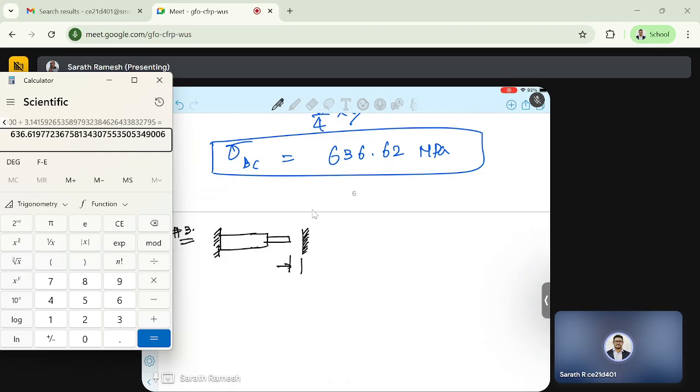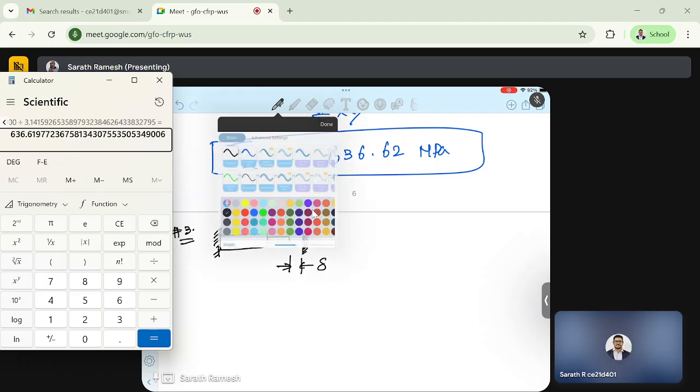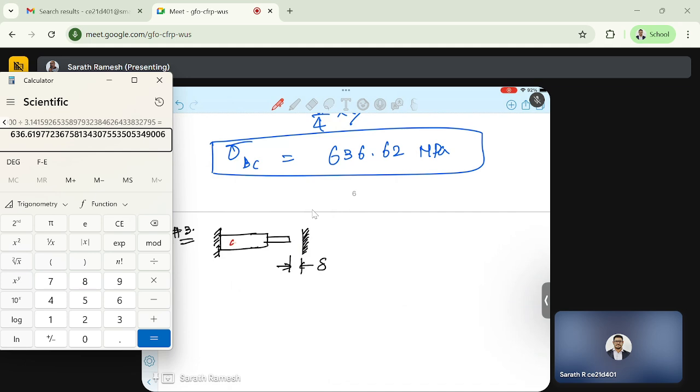Here there is a gap delta. Okay, this is same. This is 4A and this is A. This is 2L. This is L, and both are E. Fine. Now what do we need to find?